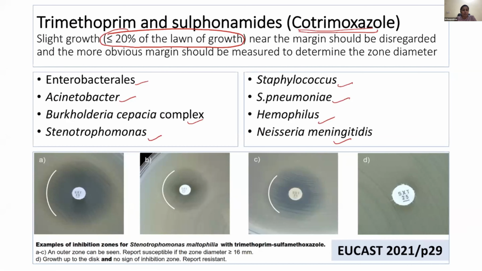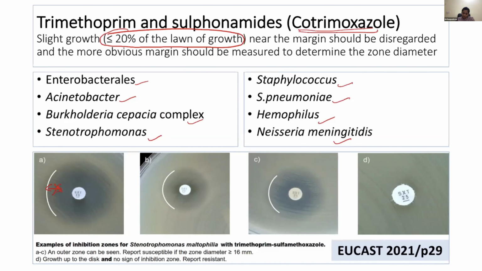So it is told that you can ignore this part of the margin only in this situation. This is not a generalized rule. Only in this drug bug combination, you can ignore this zone. That is, whenever there is a slight swarm of less than 20% of the lawn growth, you can ignore it and take the more obvious margin.